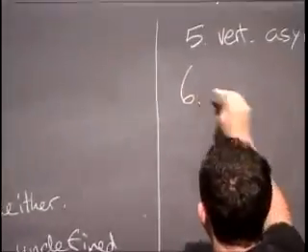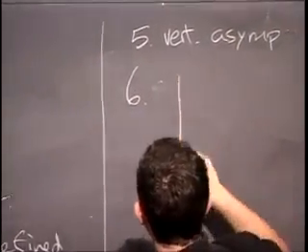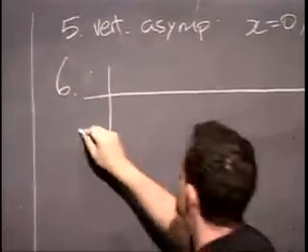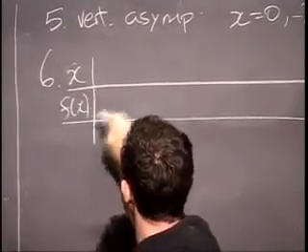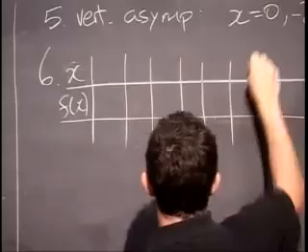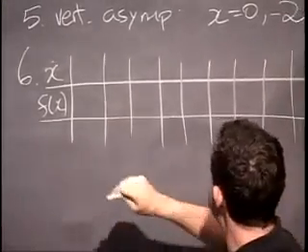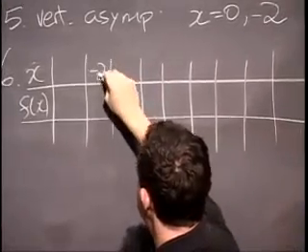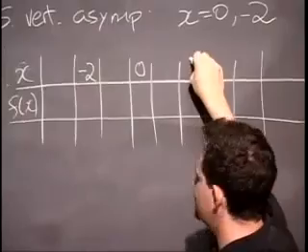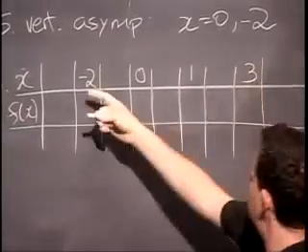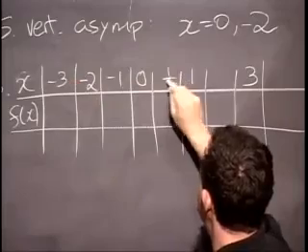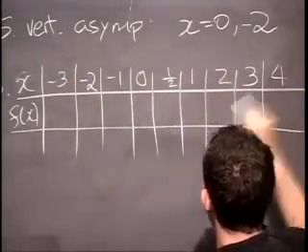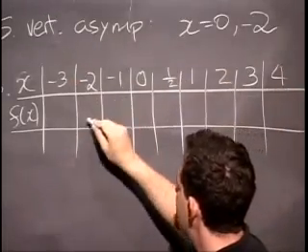Okay, well, step 6 calls for the sign of the function, but you know what? I've already done it. Just to remind you, here it is in context. The idea was that I put in the vertical asymptotes and the x-intercepts in ascending order and then filled in the cracks with prospective values or sample values.